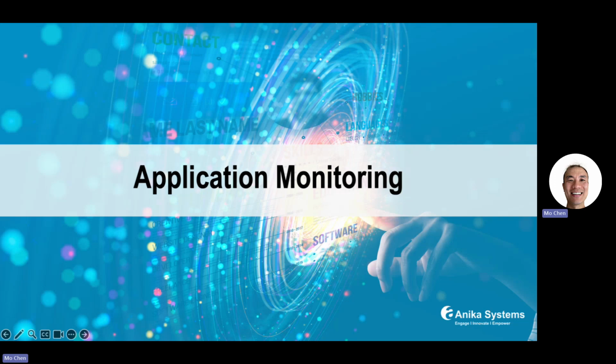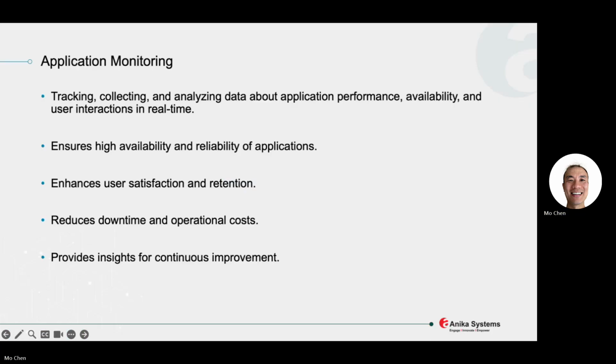Okay, let's get started with the application monitoring. Monitoring your web application's performance is essential for ensuring a smooth user experience, maintaining user satisfaction, and achieving business goals. Application monitoring is a process of tracking, collecting, and analyzing data about application performance, availability, and user interaction in real time.